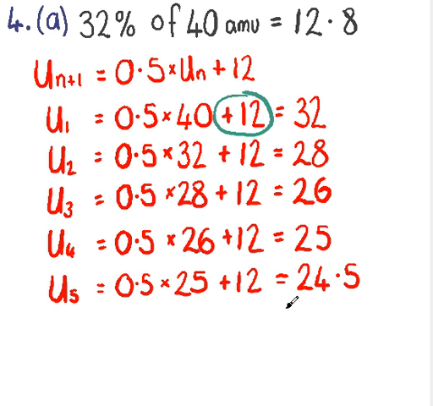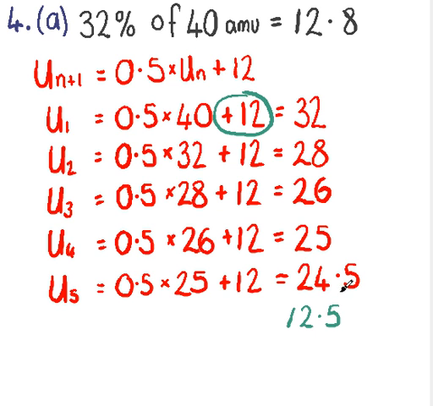At the end of the 5th period, it was 24.5. Just before the 12 was added, it must have fallen to 12.5. Now, that means that during this 2-hour period, the mass had fallen to 12.5, but at the end of the period, 12 had been added, which brings it back up to 24.5.